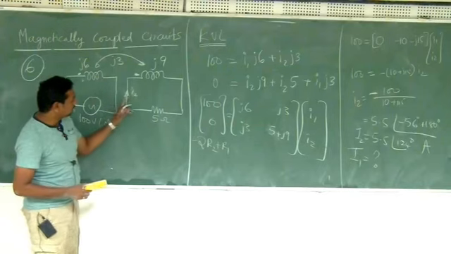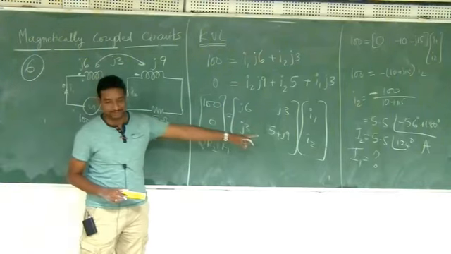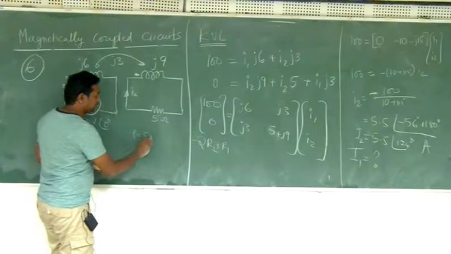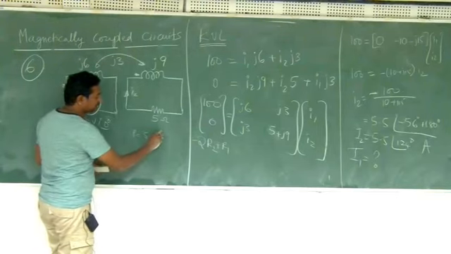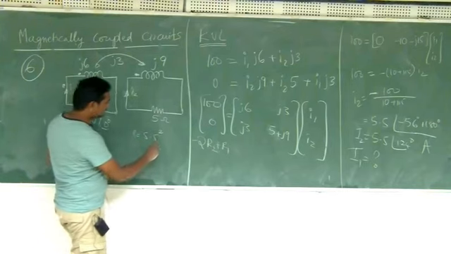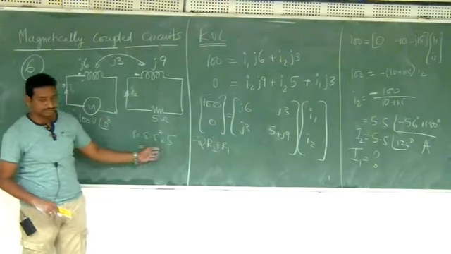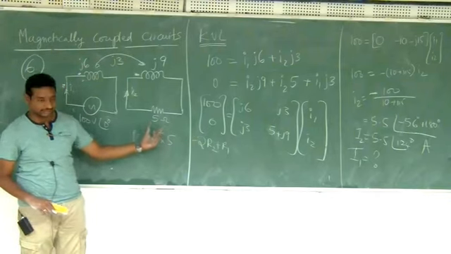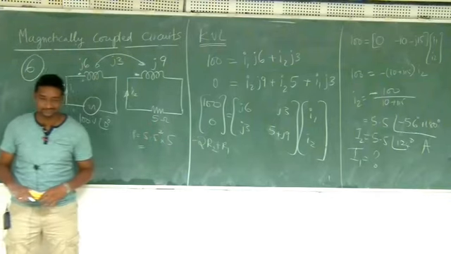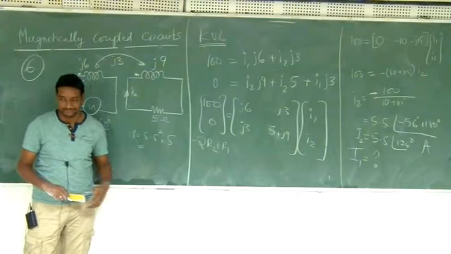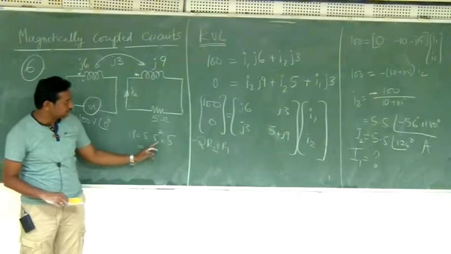Now, see this I2 is flowing 5.5 amperes. Okay, what is the power here? 5.5 square into R. See, this is power consumed by this 5 ohm resistance. So I don't need the angle for this because I am doing I square. Okay? 5.5 square into 5.